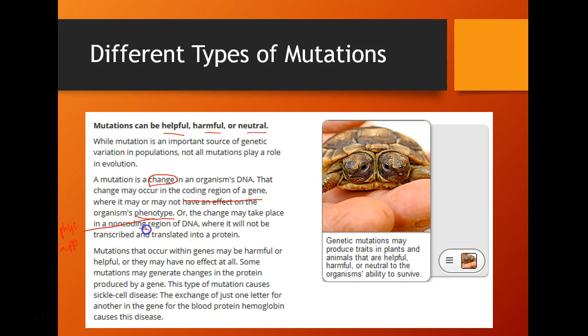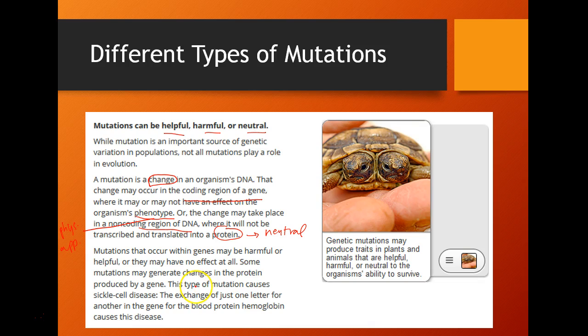Or it can happen in the non-coding region of DNA, which wouldn't really affect any protein. So these tend to be more of the neutral mutations. Mutations that occur within genes may be harmful or helpful, or they may have no effect at all.